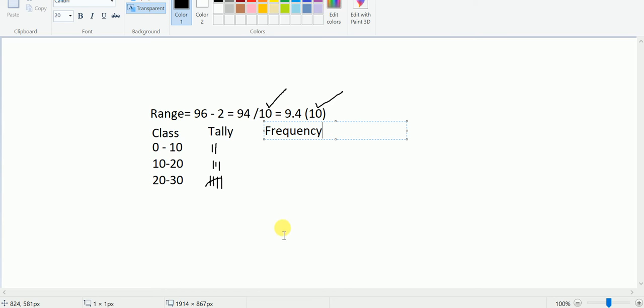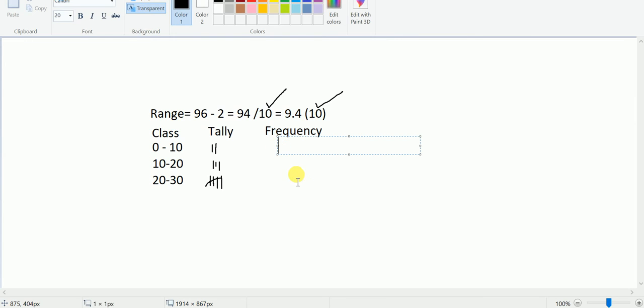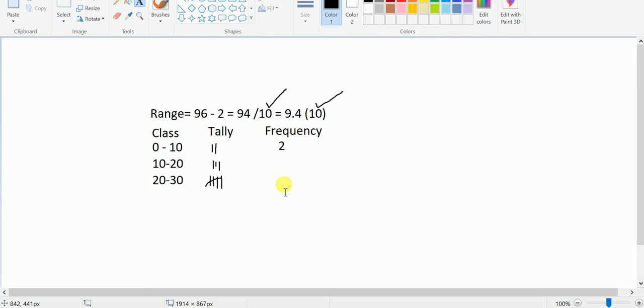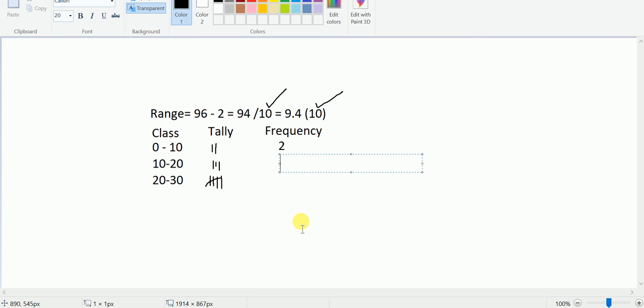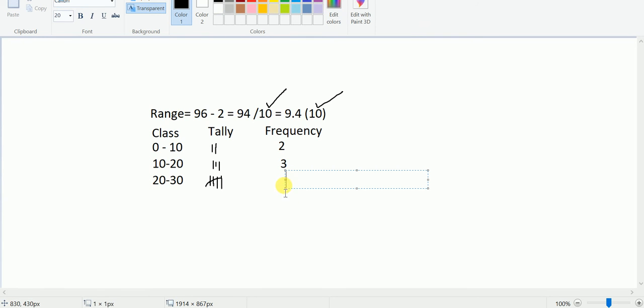Let us say between 0 to 10 we have 2, then 10 to 20 we have 3, then 20 to 30 we have 5.